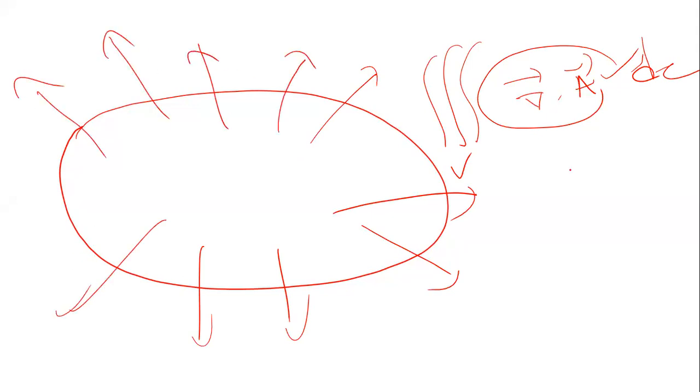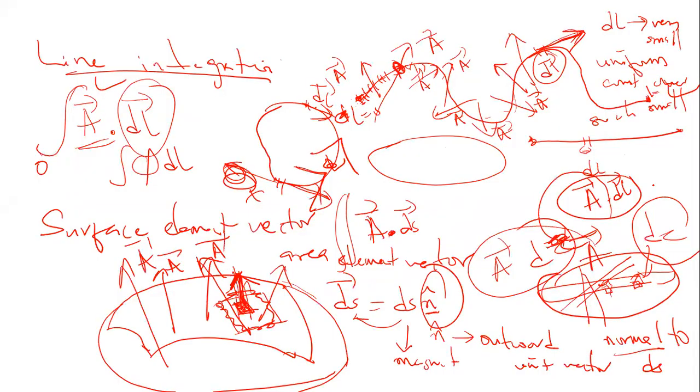It can be outflow or it can be inflow, right? So this will simply give you either the total outflow or the total inflow of the vector field over a certain volume, right?